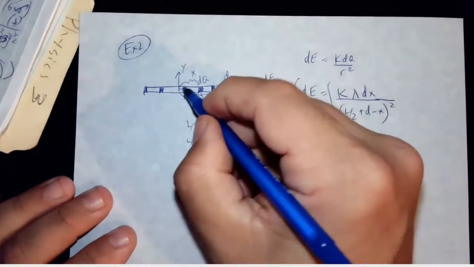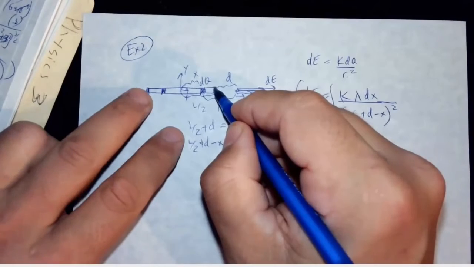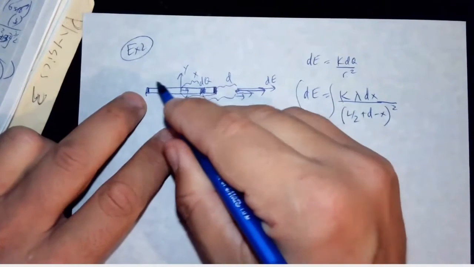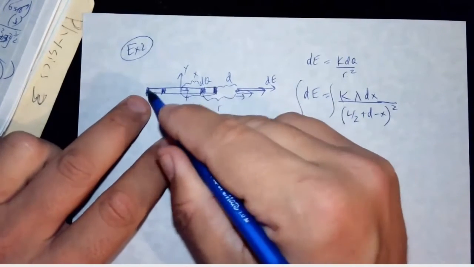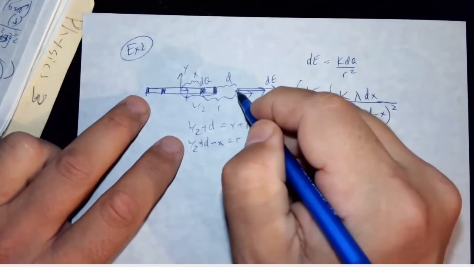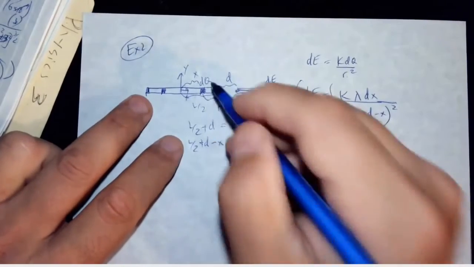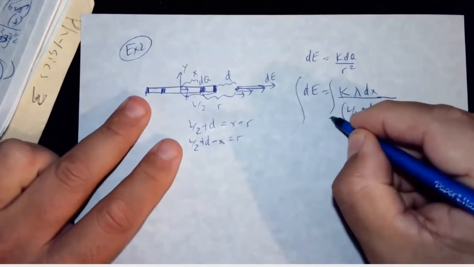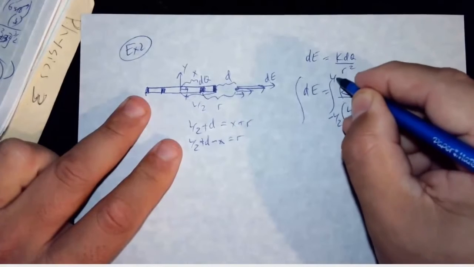This one, you can't go from 0 to L over 2 and double it, because the electrical field contribution from the left side of the rod is weaker than from the right side if I'm on this side. So it's not symmetric. You've got to go from negative L over 2 to L over 2.